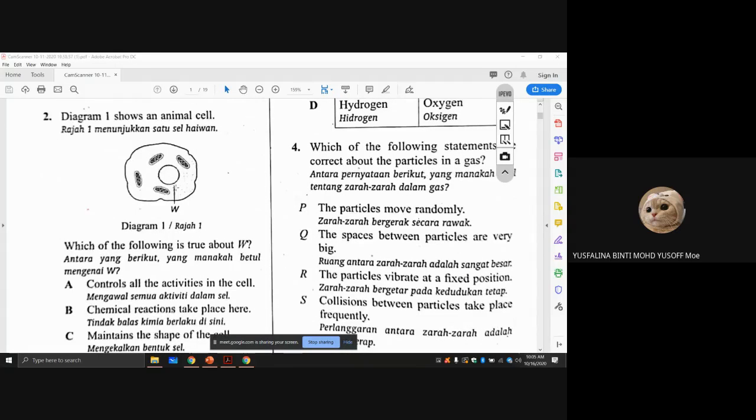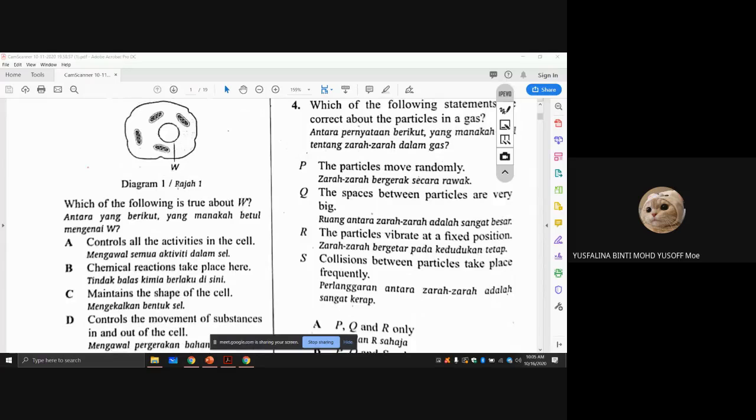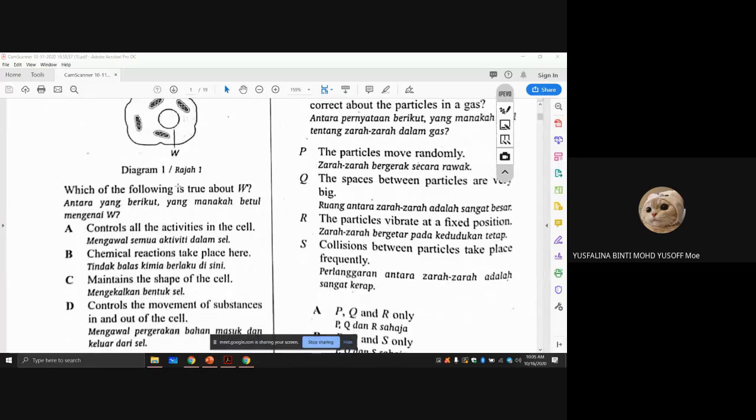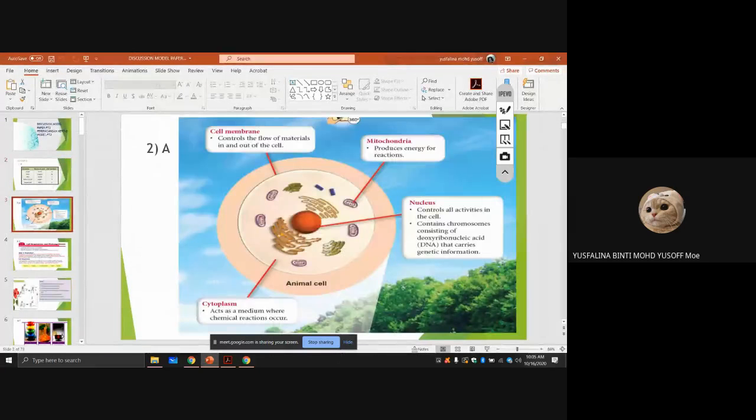A, control all the activities in the cell. B, chemical reaction takes place here. C, maintain the shape of the cell. D, control the movement of the substance in and out of the cell. So the answer should be A. That one is actually a nucleus.